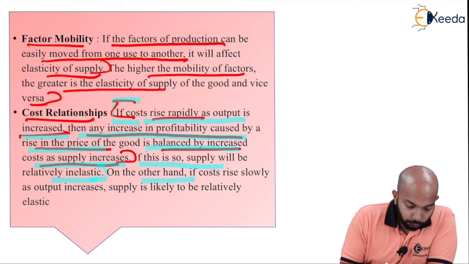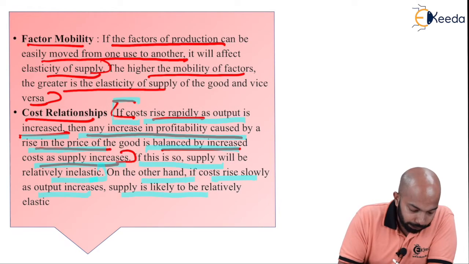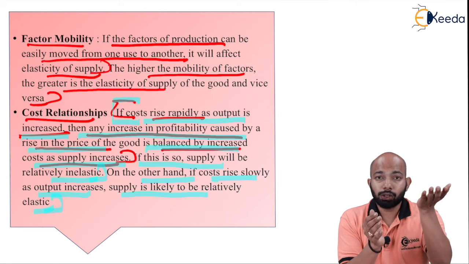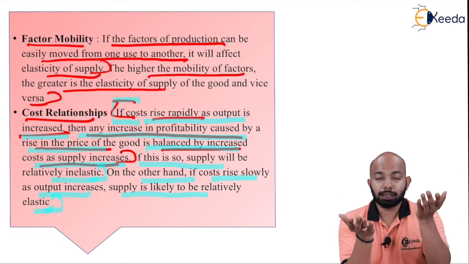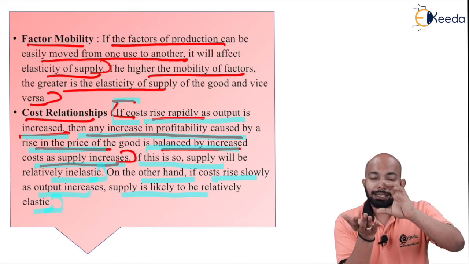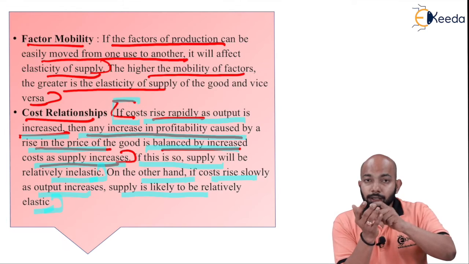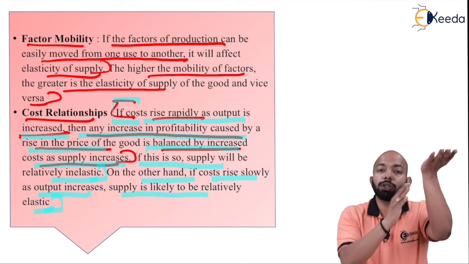On the other hand, if cost rises slowly as output increases, supply is likely to be relatively elastic. If the cost is rising slowly as the supply increases, no matter if my supply is increasing from 10,000 to 20,000, the moment I raise it from 20,000 to 30,000, my cost is also increasing.